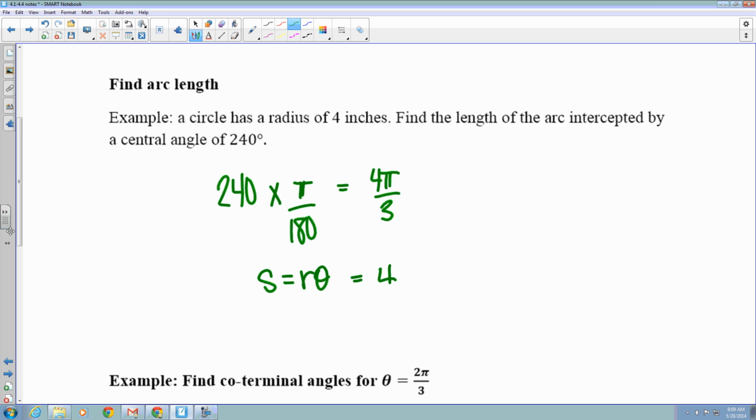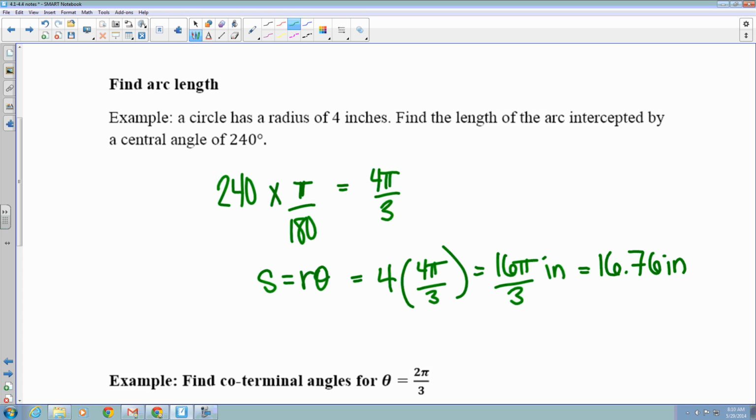So S equals R, which is 4, times 4 pi over 3, which is 16 pi over 3 inches. And I would say it doesn't make sense to leave it that way. If I'm trying to figure out a length of something, not just an angle, I would probably multiply the pi in and get an approximate answer. Our approximate answer here is 16.76 inches.